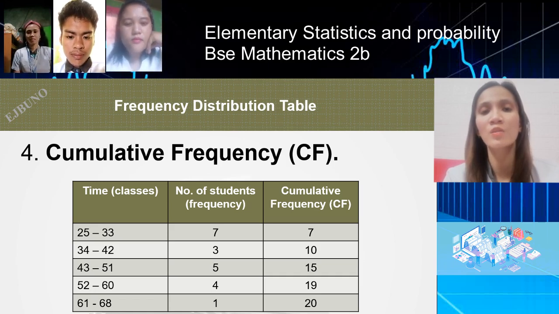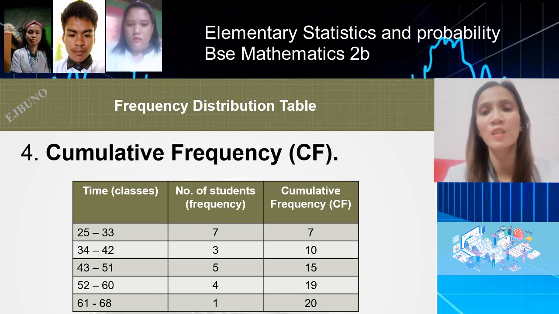Then the next row will be the sum of the frequency and the cumulative frequency before it. What I mean is, if the first row is 7, then add 3 to make 10, and write it on the next row of the cumulative frequency. And then 10 plus 5 is equal to 15, and so on and so forth, up to the last row.